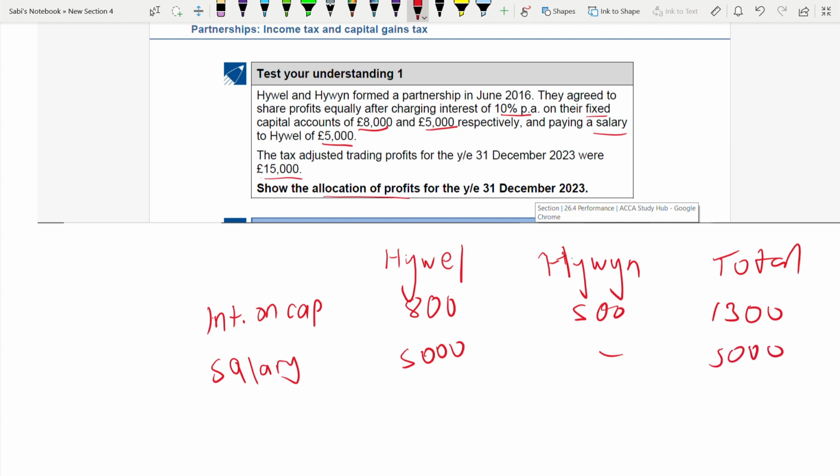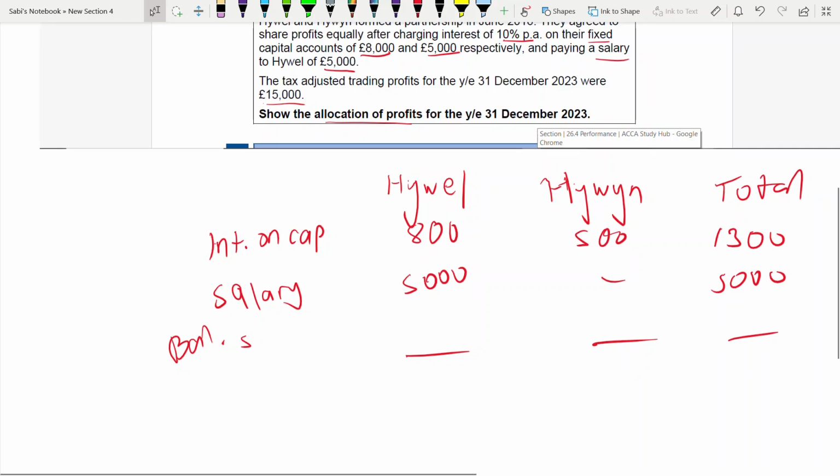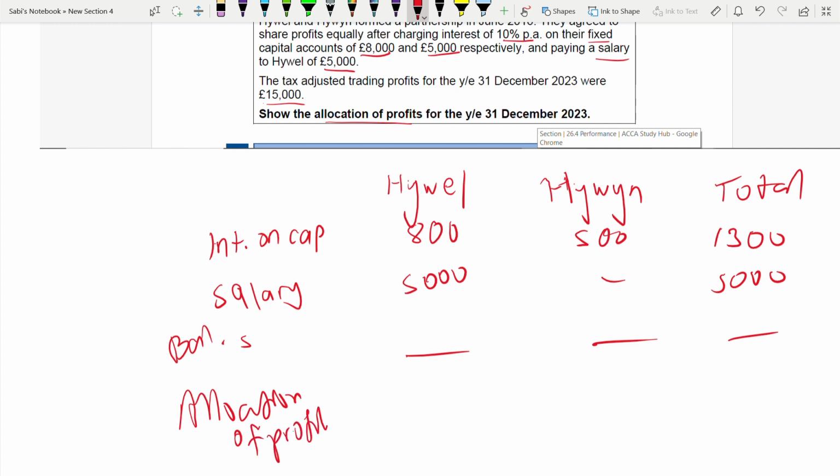Then the balance is shared. This is a balancing figure, okay? Allocation of profit. They have already given a tax adjusted profit of 15,000. Allocation of profit total is 15,000.